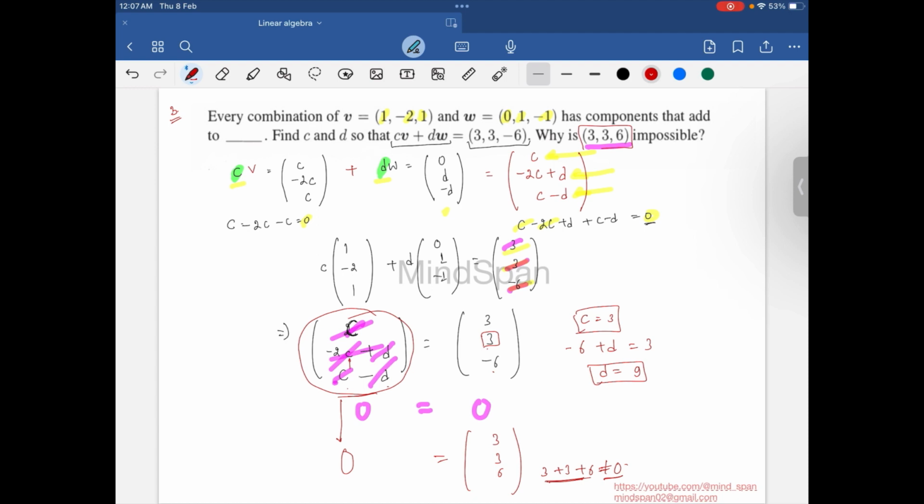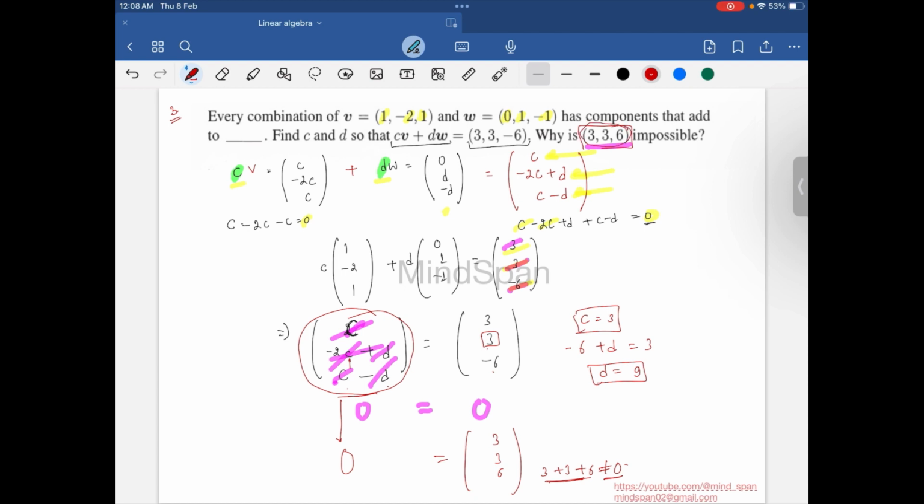And one more way to see this is that whatever the linear combination of this v and w, that would be a plane, so that plane will not have this vector.